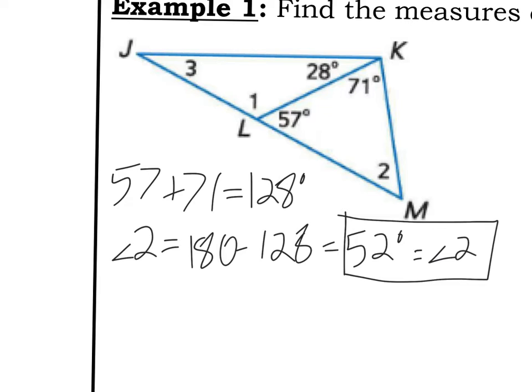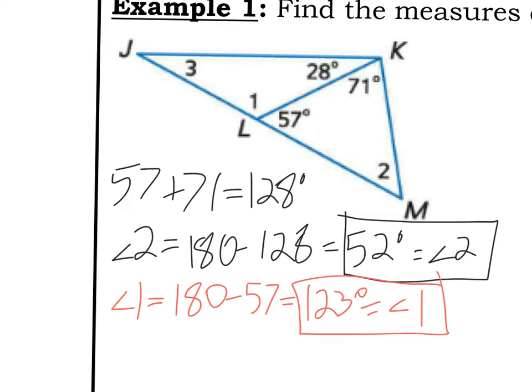Okay? So let's turn our attention to angle 1 now. Angle 1 is a linear pair with angle 57. How do you know it's a linear pair? It's on a straight angle, and then it's just being cut by this line right there. So these are adjacent angles. So angle 1 is just going to equal 180 minus 57, which is going to equal 123 degrees.